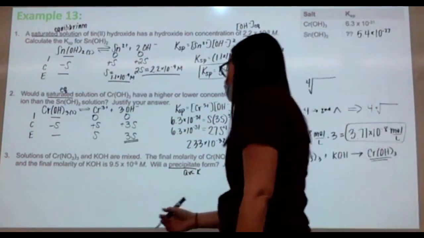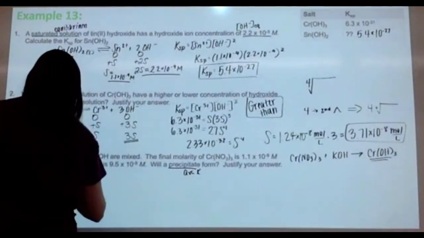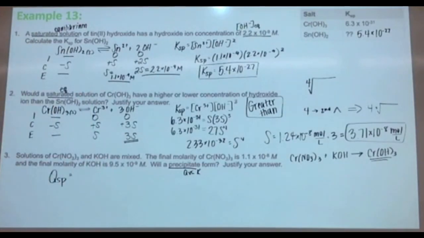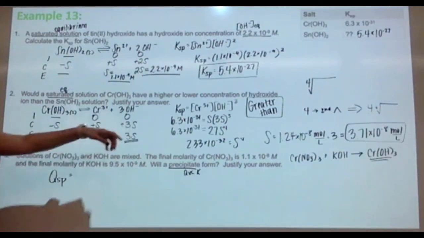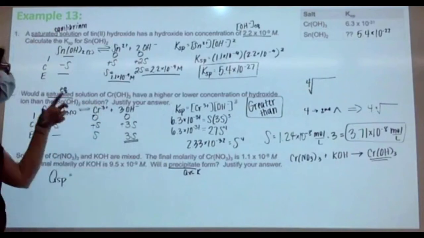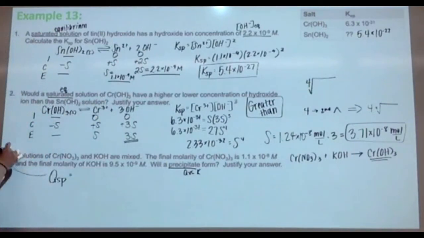So will a precipitate form? We're comparing Q versus K. So I'm going to write my QSP expression. We're focusing on chromium 3 hydroxide. Here was our KSP in number 2. I'm not going to rewrite this whole equation because we rewrote it from number 2. But that's what our focus is.